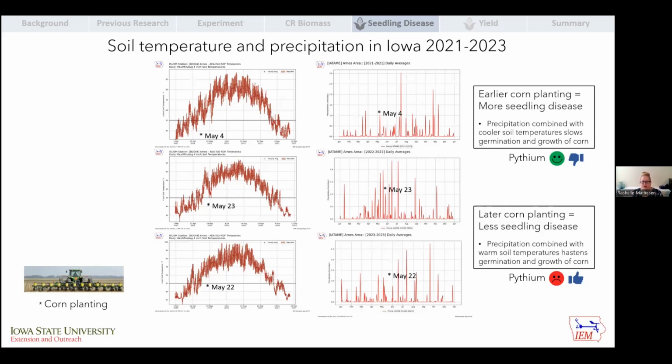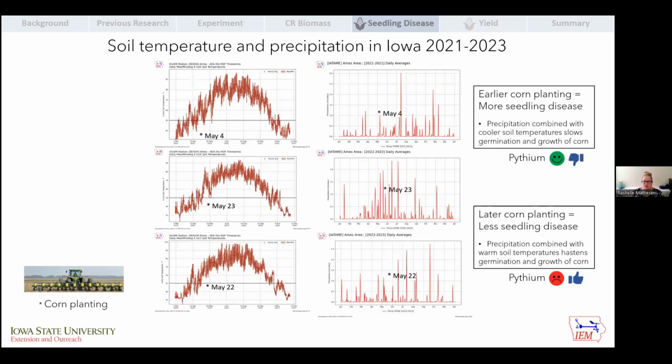But in the last 2 years of the project, there was later corn planting, so there was less seedling disease because those plants were able to pop up faster, grow faster, and Pythium is unable to cause infection when the plants are older. So Pythium doesn't like to cause infection when it's warmer, and that's good for farmers.